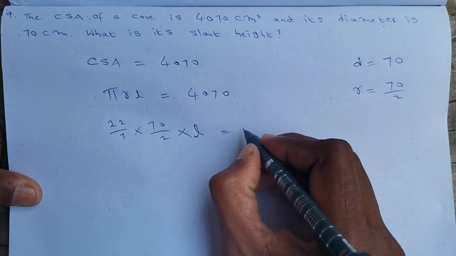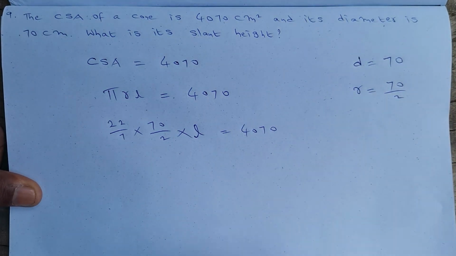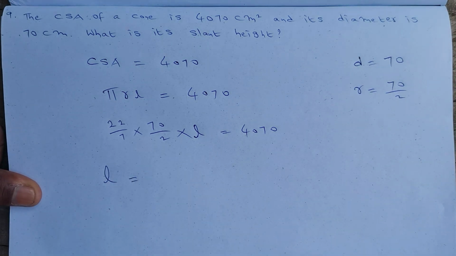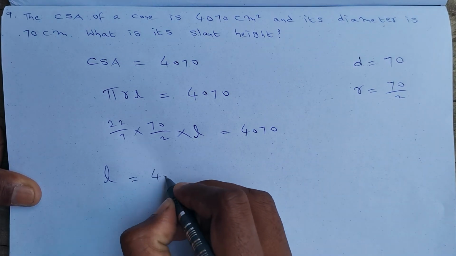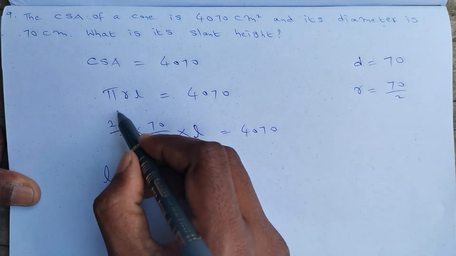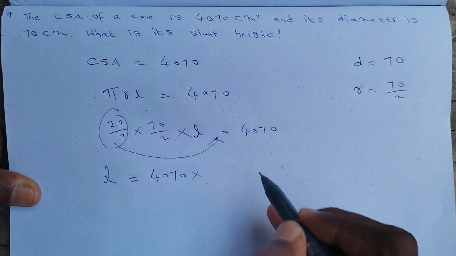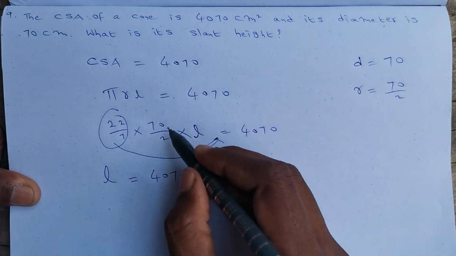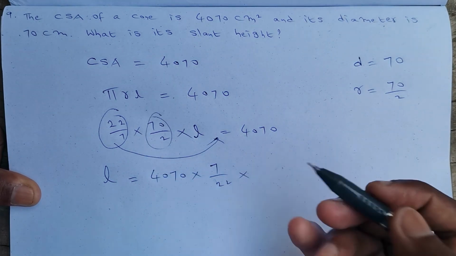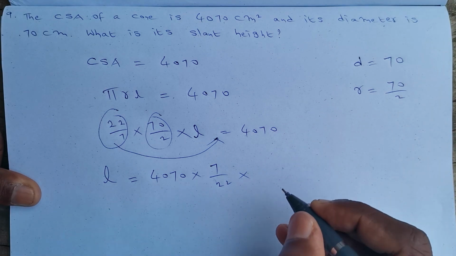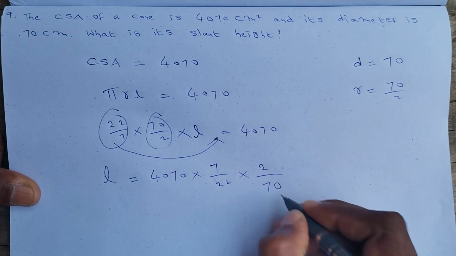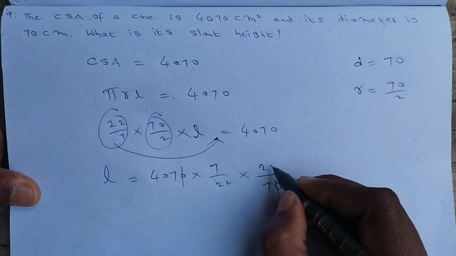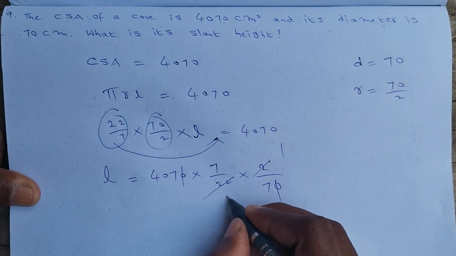So L is as it is equals to 4070. So L we want, that's why I am keeping it left side, and remaining all I will take to the right side. So 4070 as it is into 22/7 we are taking to the right side. So it will become reciprocal, 7/22. 70/2 also we are taking to the right side. Then it also reciprocates, 2/70. Here 0, 0 cancel, 2 ones are 2, 11s are.